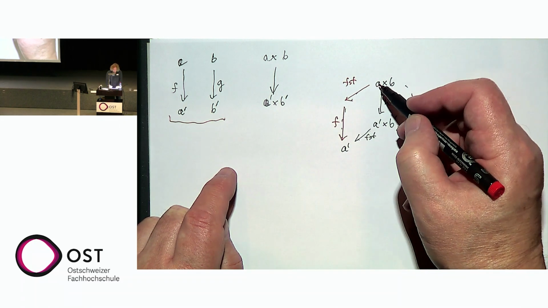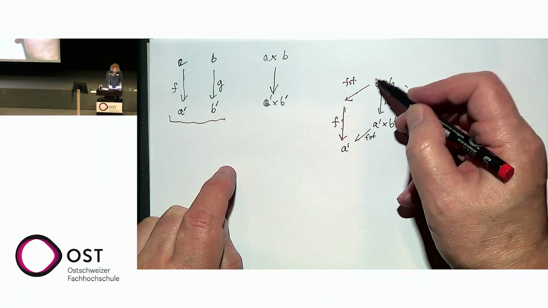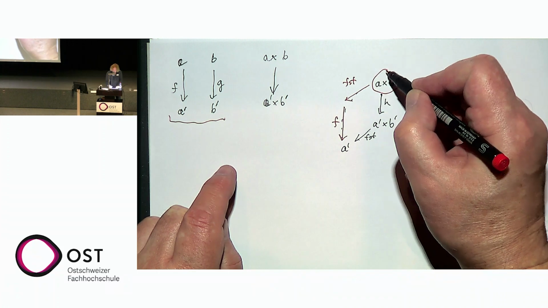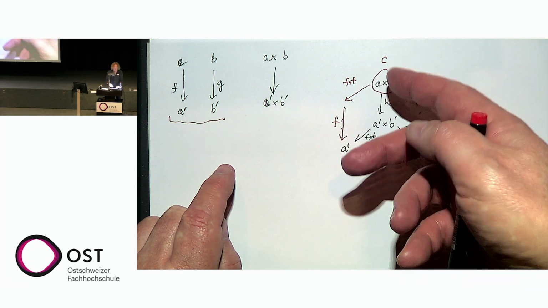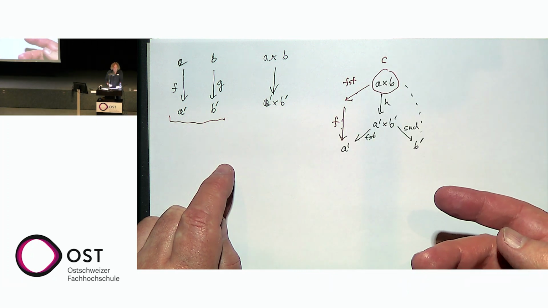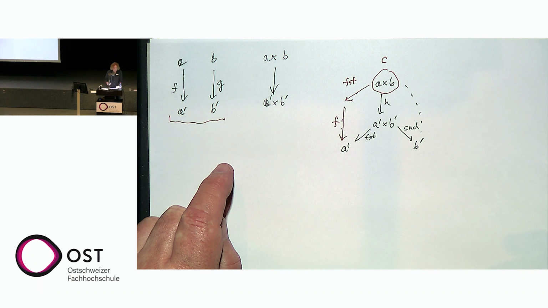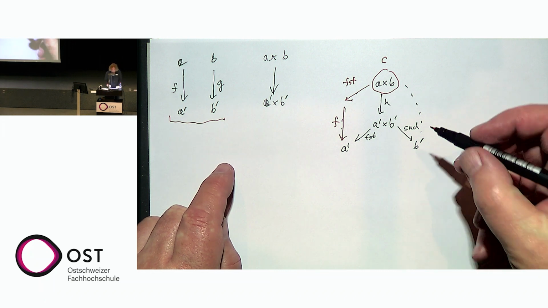Okay, so I have a function from the source. So this is what my object C was. I'm just specializing my universal construction because the universal construction says, give me, for any object C that has these two functions, this works. So in particular, hey, let's pick C equal A cross B.